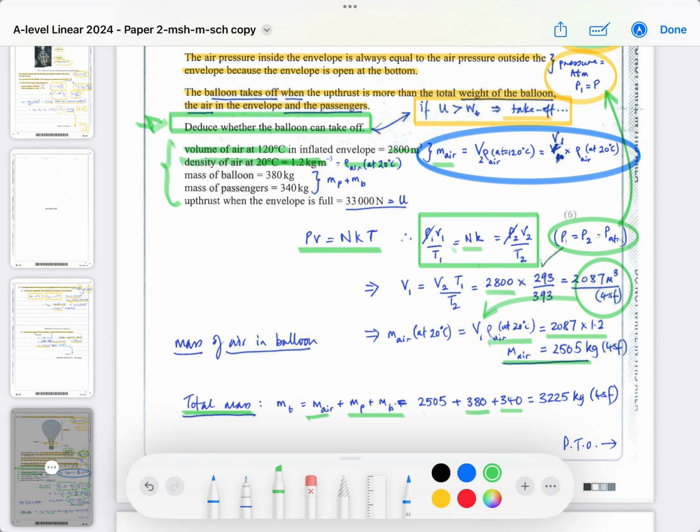So the answer is 3,225, accurate value to 4 significant figures. So they haven't actually asked us to do anything, but they wanted us to deduce whether it will take off. Yeah, they have, so 6 marks. And we have to look at the mark scheme to see if I've got everything in there. Okay?